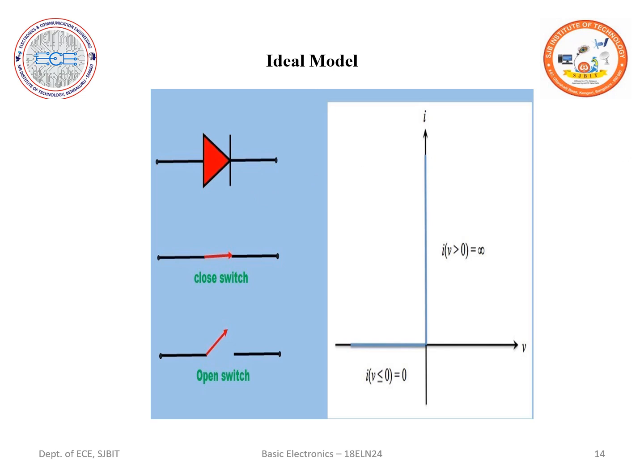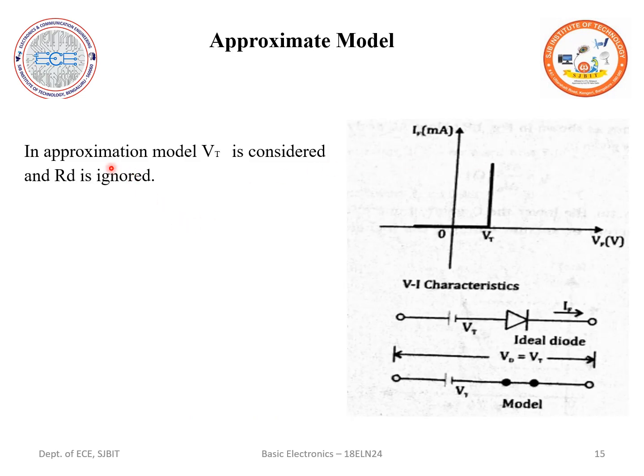Moving on to the approximate model. The name itself suggests there is an approximation in terms of current and voltage. As a result, my diode can be replaced with a threshold voltage, which we call Vt.